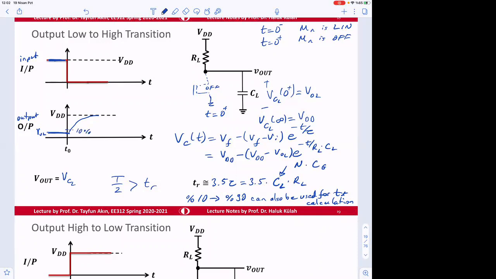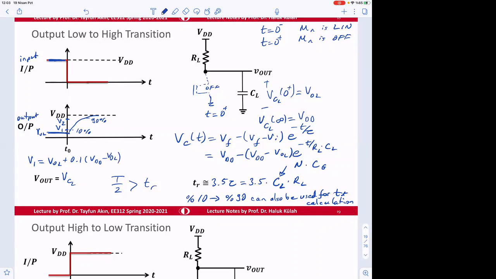10% to 90%. So, you know, this value, let's say V1, this one is V2. V1 is equal to V output low plus 10% of VDD minus V output low.